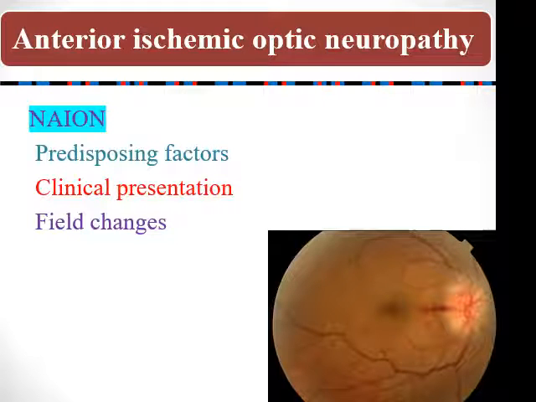Non-arthritic anterior ischemic optic neuropathy is caused by short posterior ciliary artery occlusion. Predisposing factors are crowding at the optic disc with very small or even absent cup, which is called disc at risk.